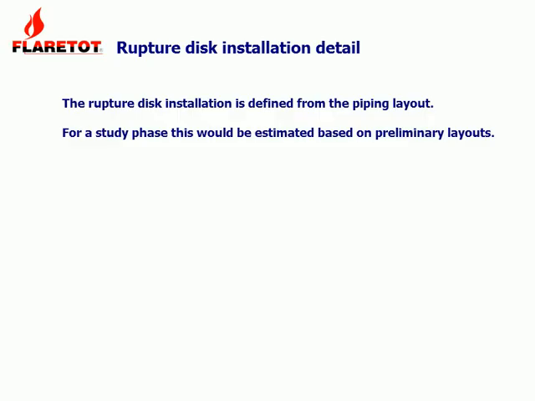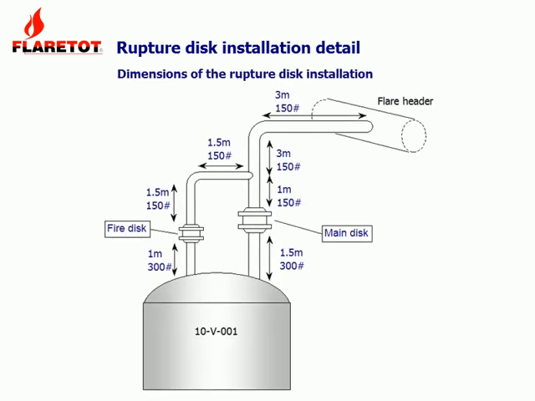In a study phase, this would need to be estimated based on preliminary equipment and flare header locations. This drawing shows the dimensions of the rupture disc installation. Note that it is also included with the tutorial documentation.